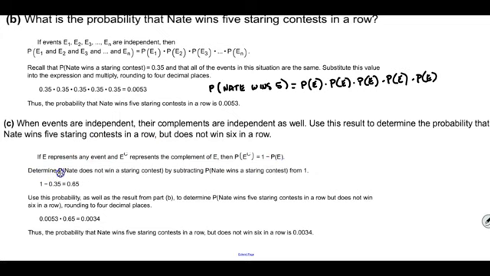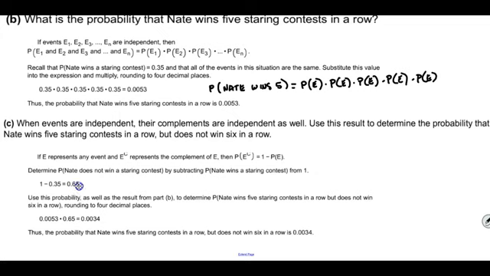So we're going to determine the probability that Nate does not win a staring contest by subtracting the probability that Nate wins a staring contest from 1. So the complement is taking 1 and subtracting 0.35, which is 0.65.